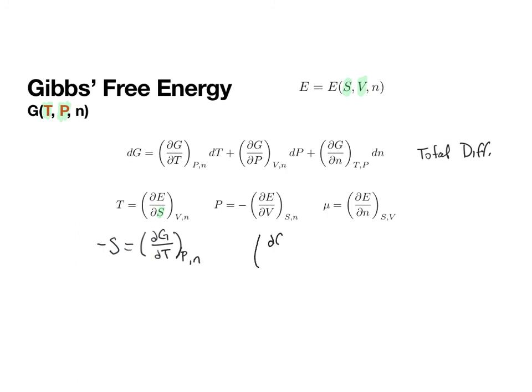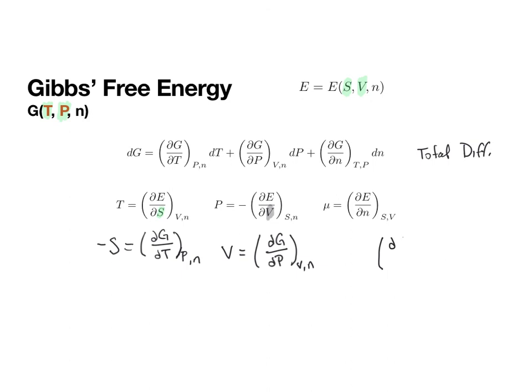Here we have the partial of G with respect to P at constant T and N. I'm changing the inside, which is going to give me the opposite of the outside, and so the negative sign gives me a positive volume.